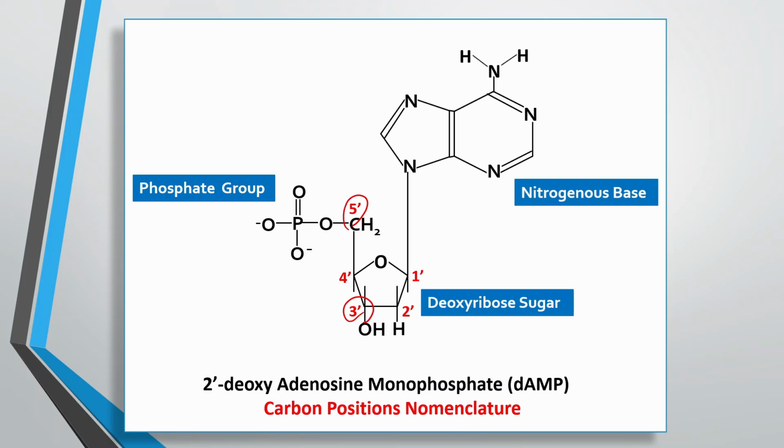When nucleotides are added into a DNA strand, they're added in what's called the 5' to 3' direction. That's because the enzyme that synthesizes DNA, called DNA polymerase, only works in the 5' to 3' direction. And we're going to talk about that more later when we get into the functions of DNA.